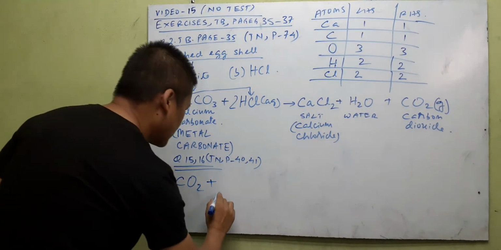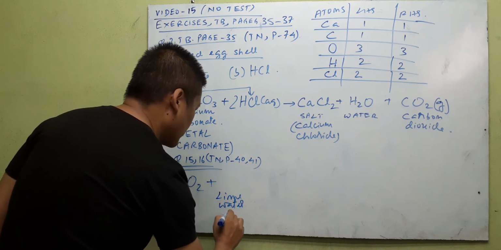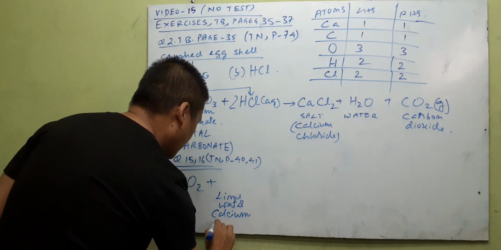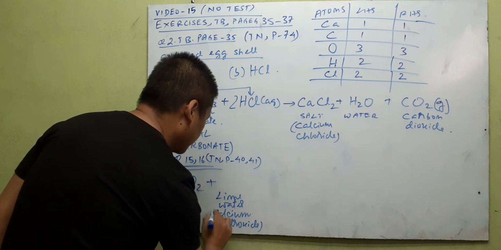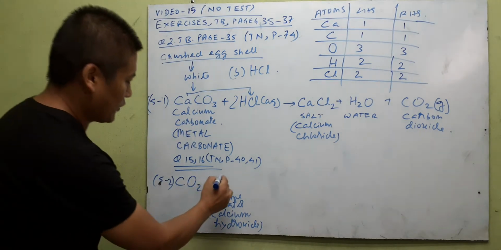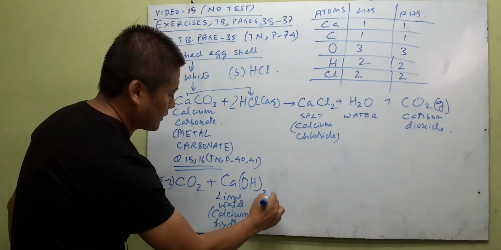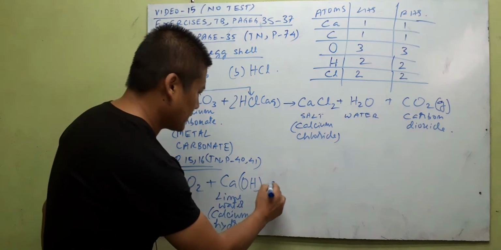Now lime water means, write down, lime water is nothing but calcium hydroxide, okay, remember that. So this is the lime water, which is a clear transparent liquid. Calcium hydroxide is a clear transparent liquid, so it will pass through this.